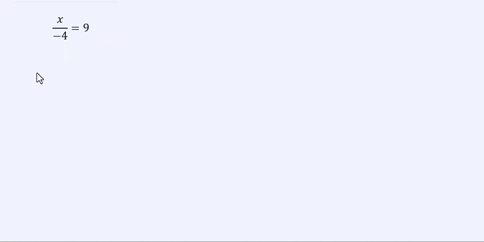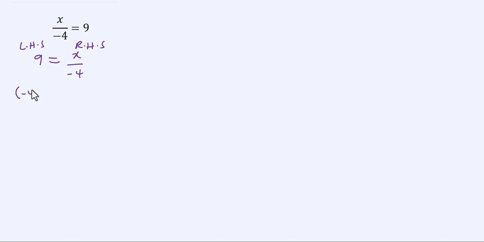And the very last question we have here. Okay, let's make it a little bit spicy. Assuming we have 9 is equal to x over minus 4, such that on the left hand side, we'll have a whole number, and on the right hand side, we'll have our variable. So exactly the same thing. We are still going to multiply both sides by negative 4.